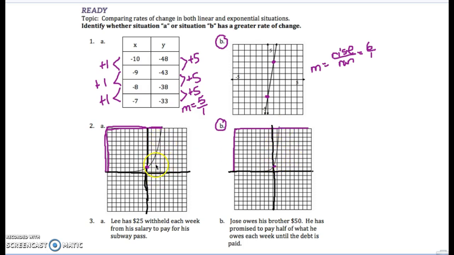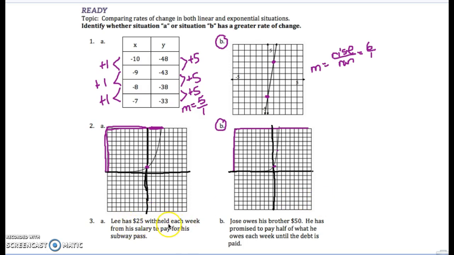Here it's moving 2, 3 over 2, and then up 1, 2, 3 over 1, and each time we're getting closer and closer to the top of that graph. It's still taking us 1, 2, 3 spaces to get over there, but here we're moving up much faster. 1, 2, 3 over 1. Actually, it would be 1, 2, 3, 4 over to that 1. So B's moving a little faster.